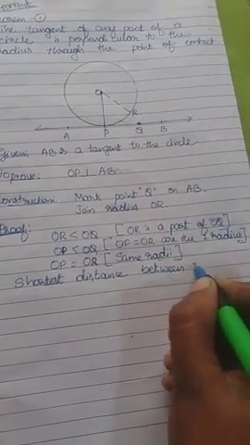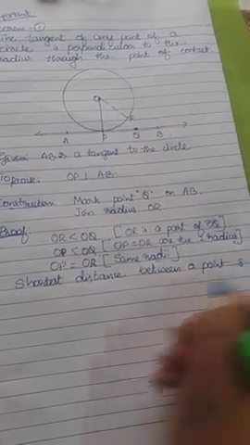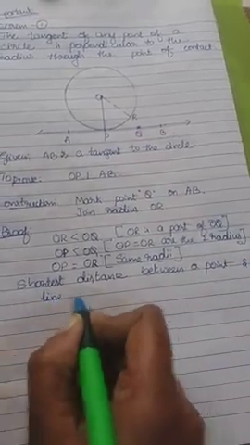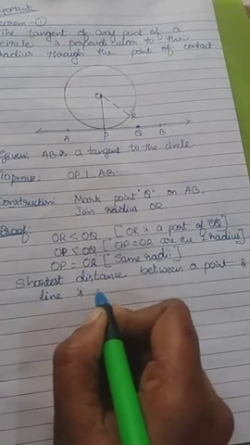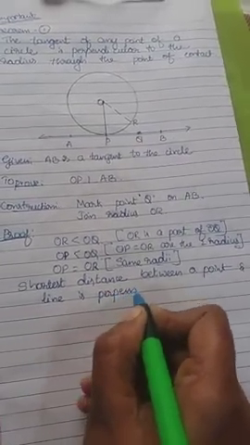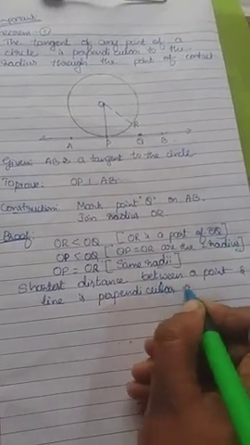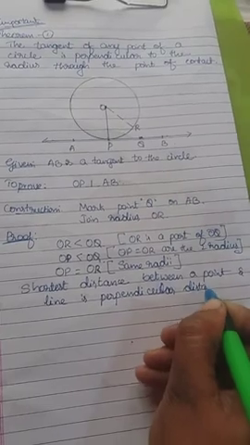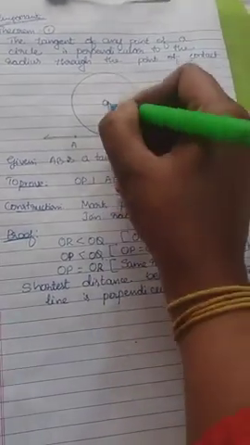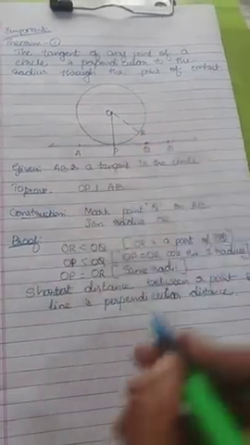If there is a shortest distance between a point and a line, that line is perpendicular to it, that line is the perpendicular distance. So if it is the shortest, that line is the perpendicular distance.